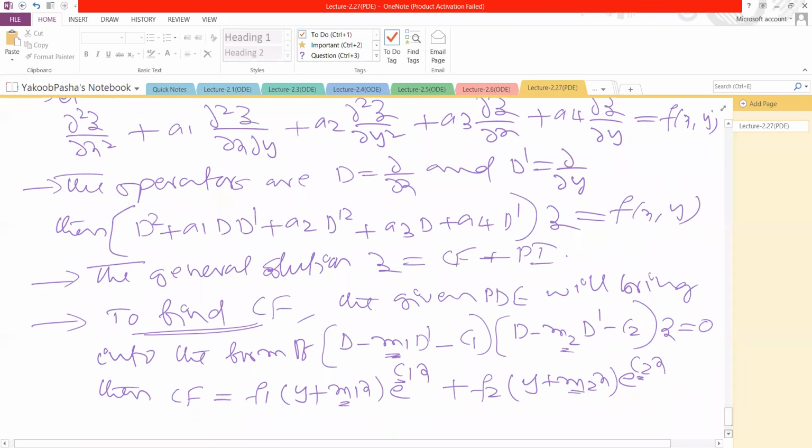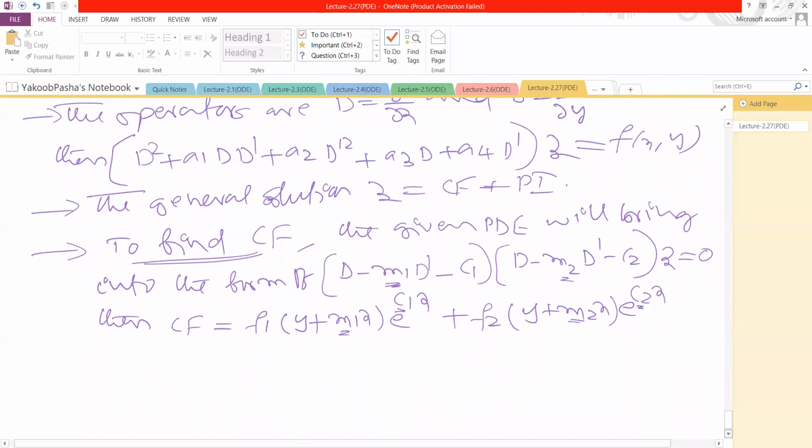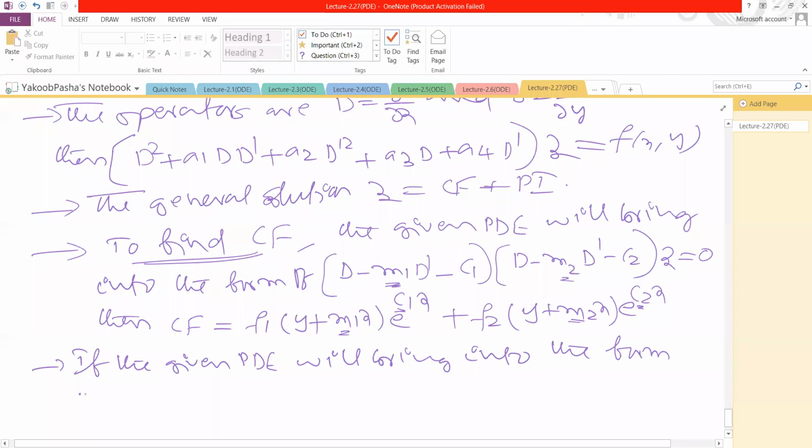Okay, no need to remember this formula, I am giving the idea. Now, if the given PDE is brought into the form of (D minus mD' minus c), that means here repeated roots are there, z equal to c.